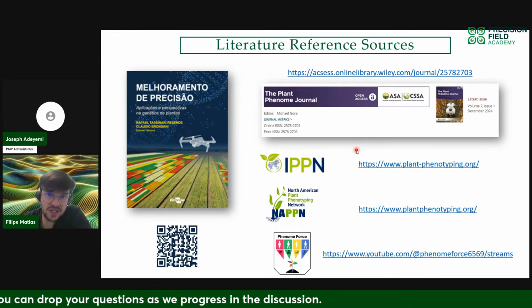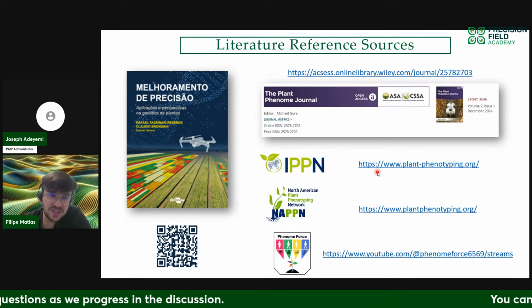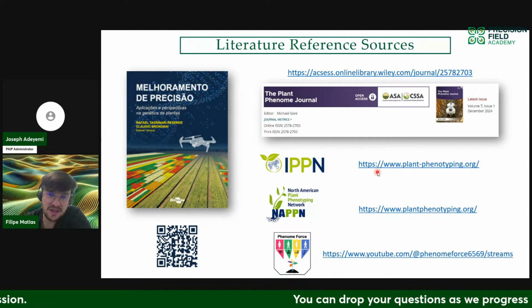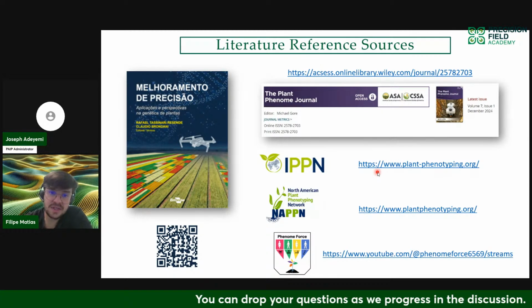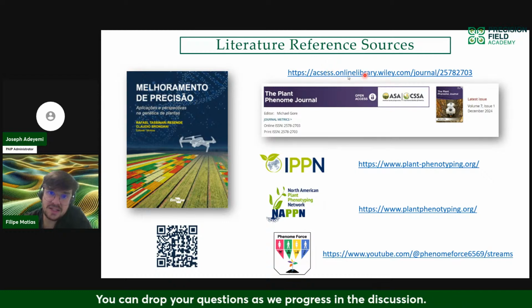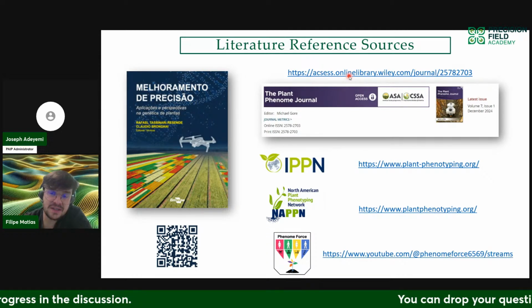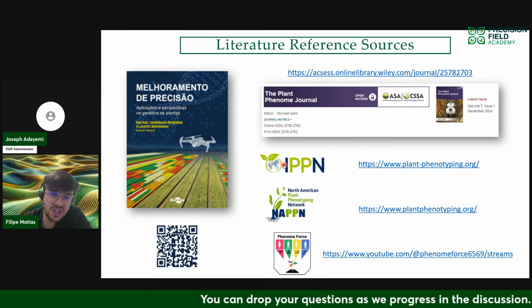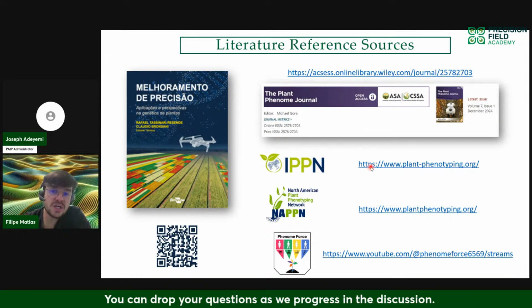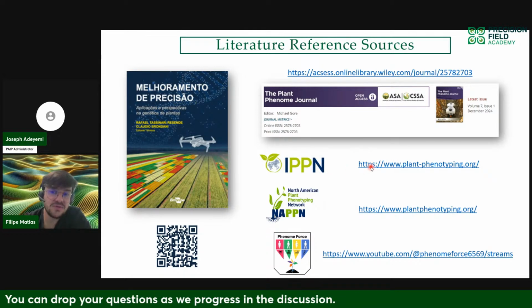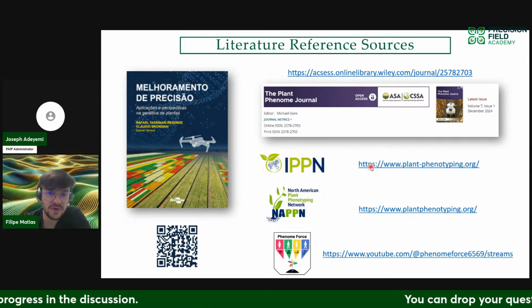Where to find information? We have many web pages and available resources. The first one that I recommend is checking the Plant Phenome Journal web page. It's very interesting, and I really like the papers that are being published there. We have the International Plant Phenotyping Network, which has a list of researchers and institutions connected globally to talk about phenomics.